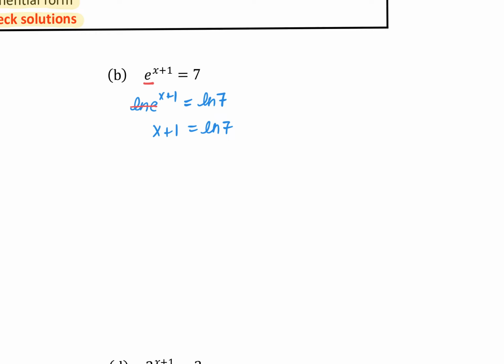To get the x by itself, I would simply subtract 1 from both sides. And I'm done. This is an exact solution. It looks weird, but it is correct. Now, if I were to put this in a calculator, I would get a decimal approximation.